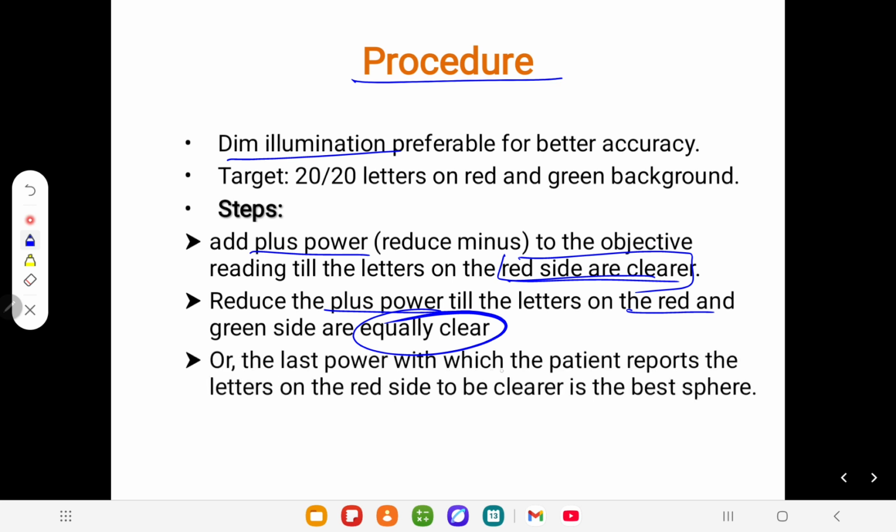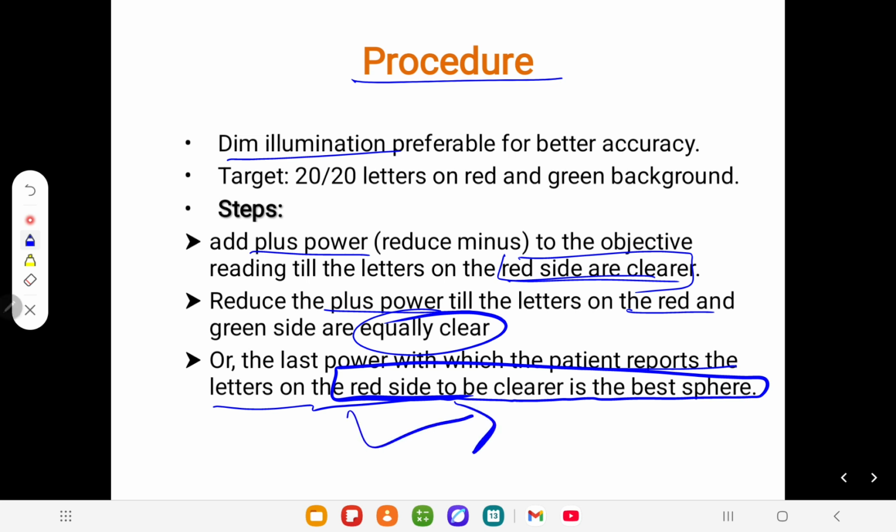Or the last power with which the patient reports the letters on the red side to be clearer is the best sphere, because we want the eye a little bit myopic. We don't want to leave the eye hyperopic, because if you leave the eye hyperopic, there is a stress on the accommodation. That's why we want it a little bit towards the myopic side, because that's where accommodation is more relaxed, isn't it?